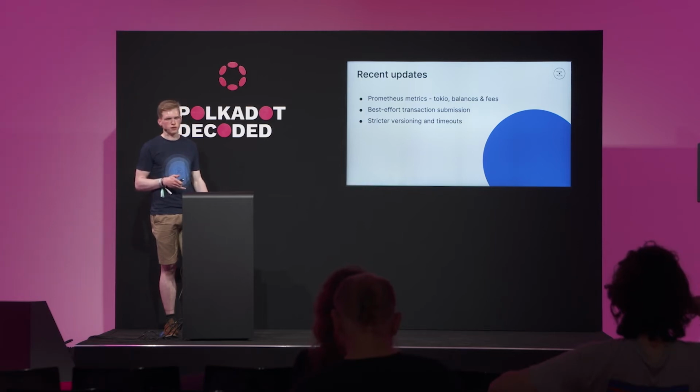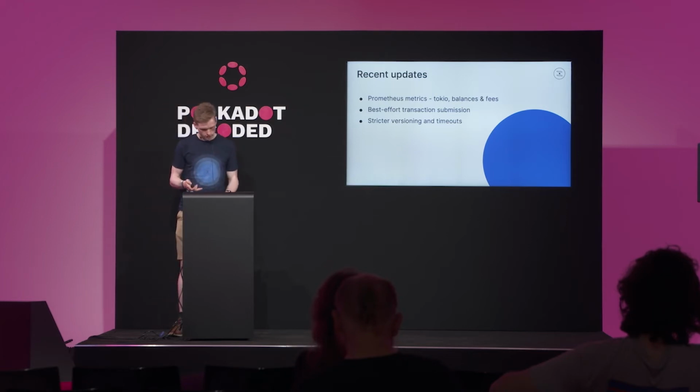Like the relay, for instance, it submits relayed blocks on a best effort basis, and in order to save on wasted transaction fees, we had an outer bound decision on when a particular vault should try and submit a Bitcoin block or some of these best effort transactions, so it wasn't spamming the chain. And we've also improved our versioning and timeouts, so we have better retry policies there.